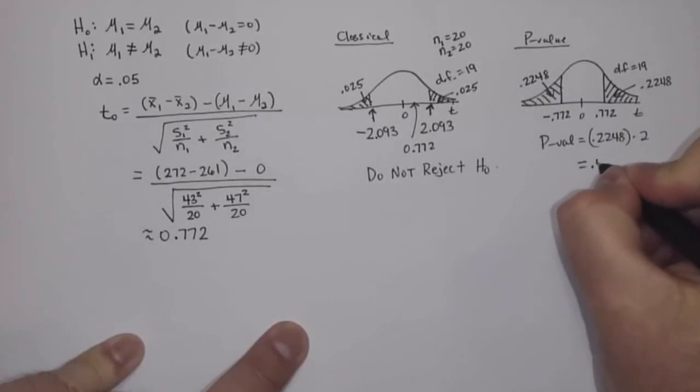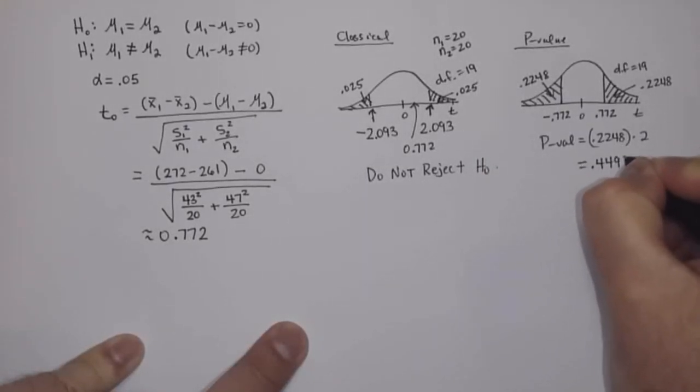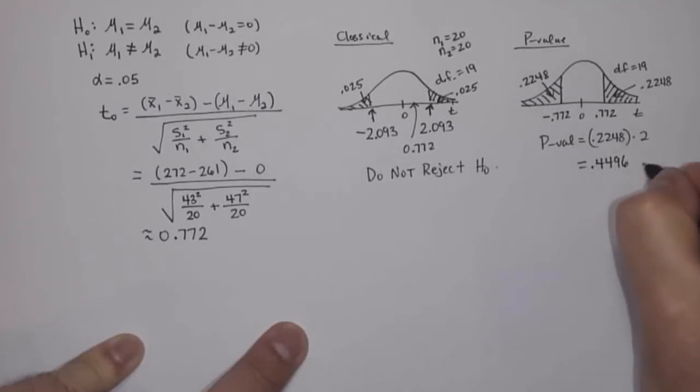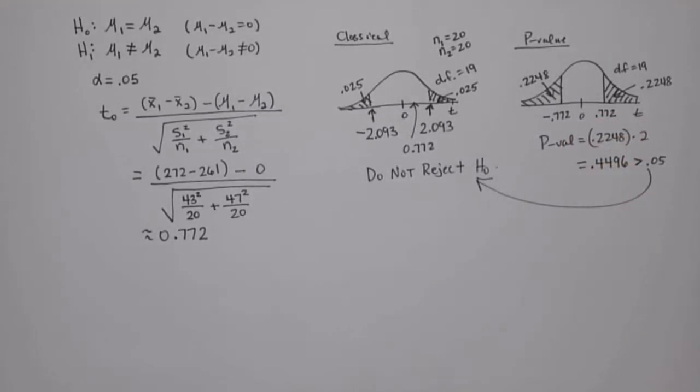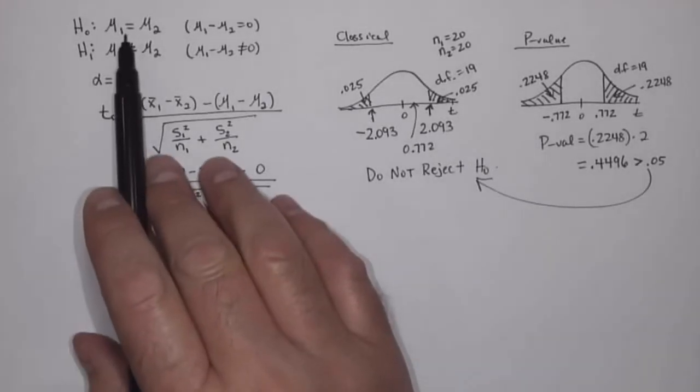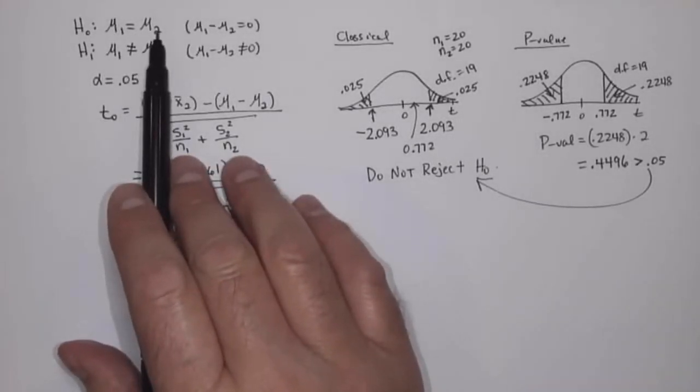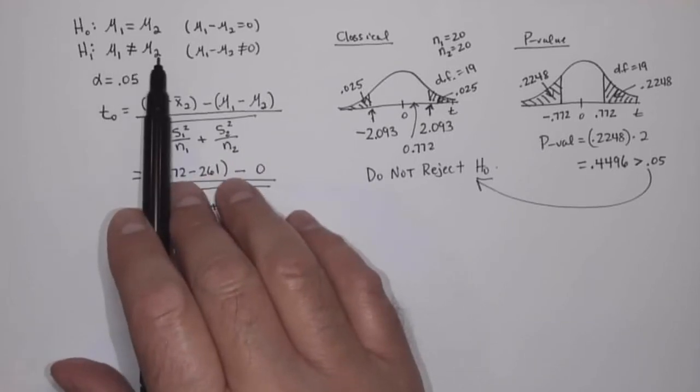We have a p-value of 0.4496. That is certainly bigger than our level of significance, 0.05, so that tells me also do not reject the null hypothesis.